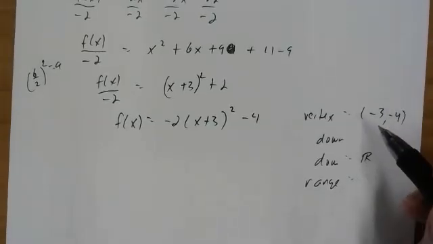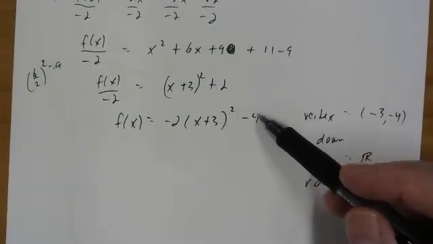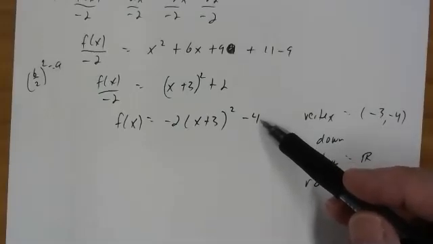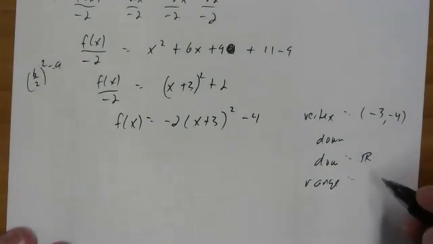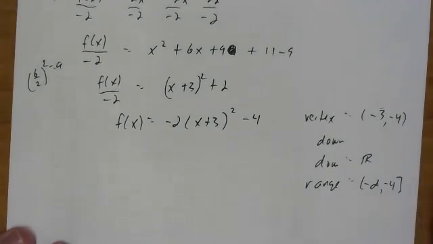The range, since it's going to open down, I think the highest point is going to be at -4. So I think it's going to go from -infinity to -4. We'll see what the key says. -3, -4 opens down domain. Yep, that's correct.